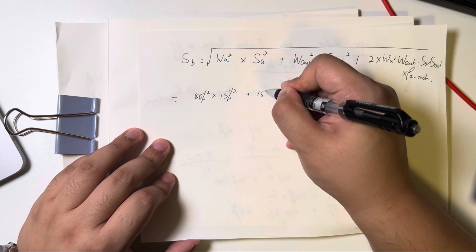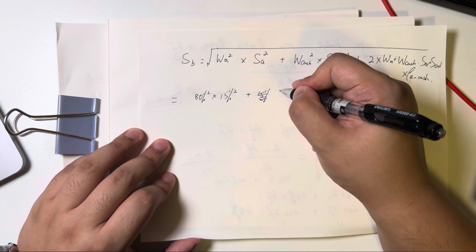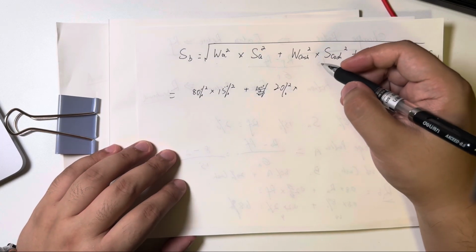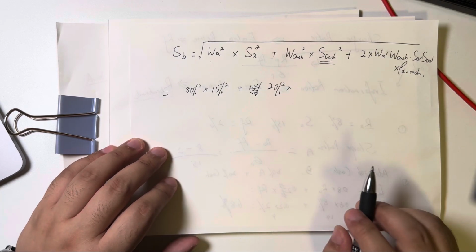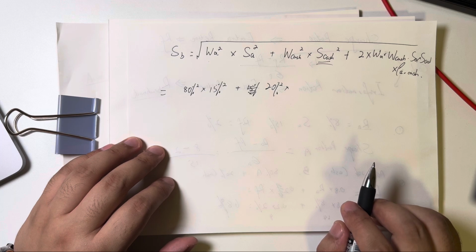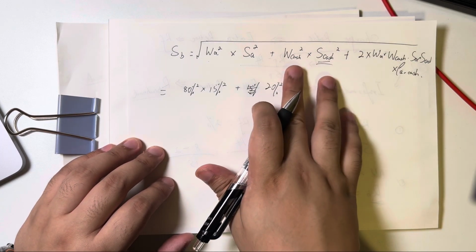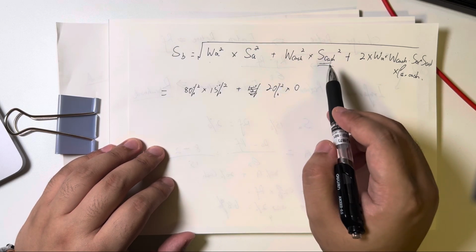Cash is like 20%, sorry about that, 20%. Multiply that by the cash standard deviation. Here's some tricky part. Cash do not have a standard deviation because cash is risk-free, so basically it's 0. So you can see here, you just cancel out altogether.